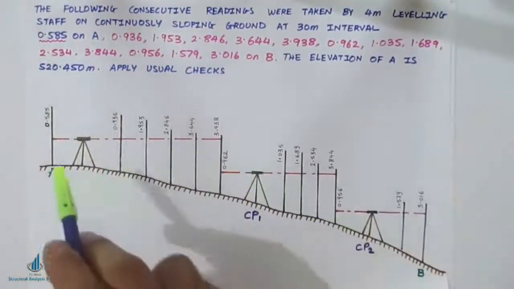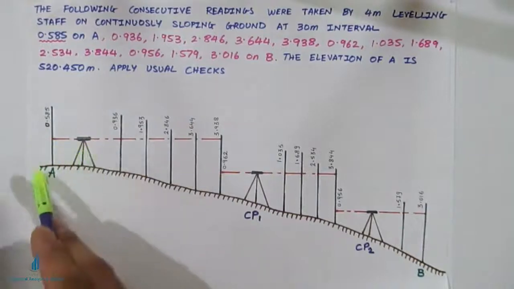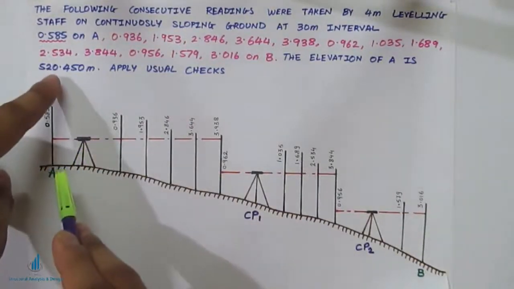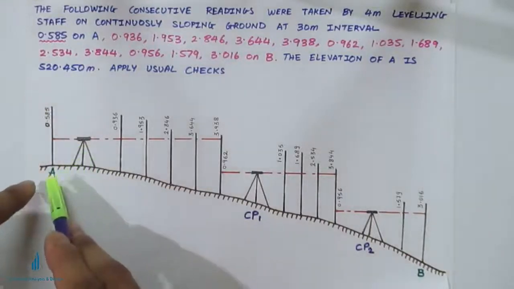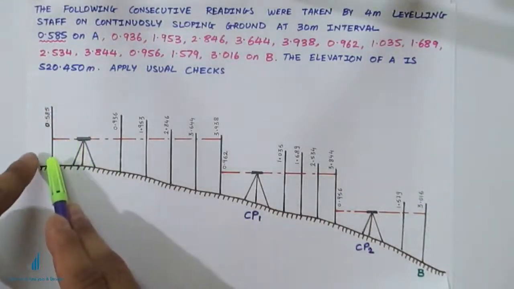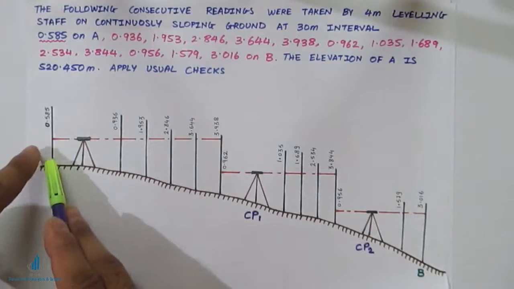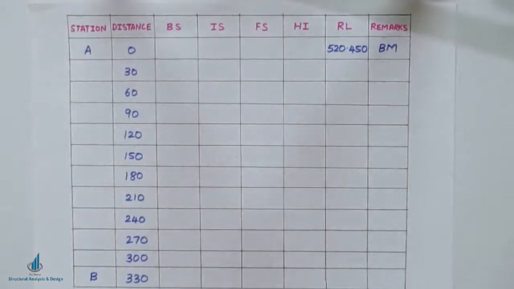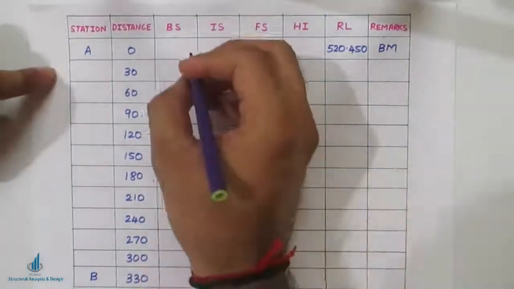You have set up the instrument here and you are taking the backside. The benchmark is given here, 520.450 at A. So you have to write down 0.585 in the backside column.